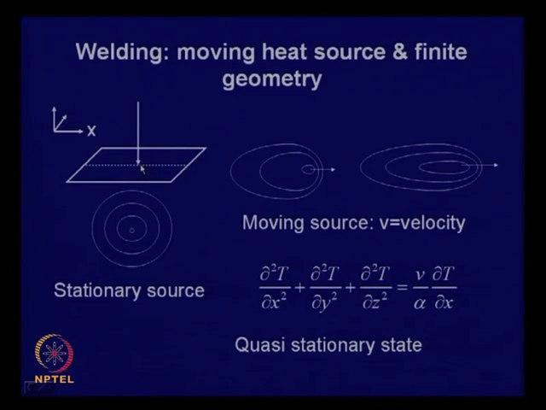The heat source moves closer to these surfaces, so they will be at a higher temperature. Here it gets distorted like an ellipse, a distorted circle. Here the contours are closer, which means the gradient is high, and on this side the gradient is low. If we increase the velocity, it will get further elongated like this.